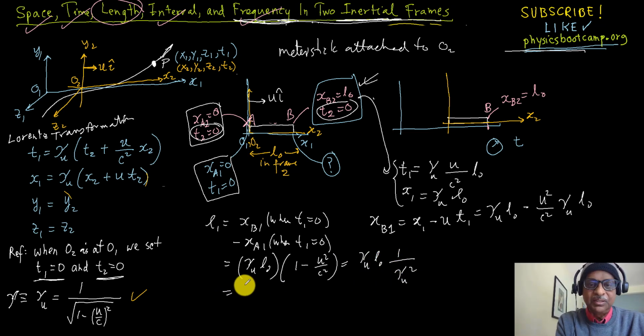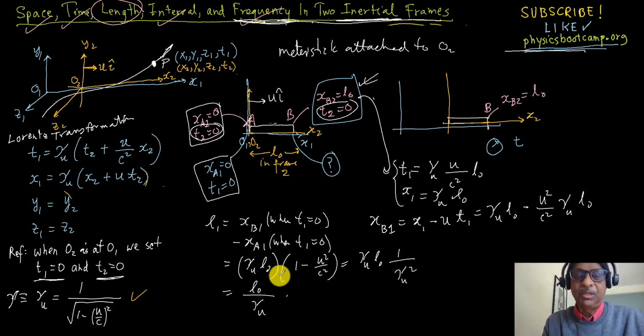So that's how you get L0 over gamma u, because the length is defined where the two things are at the same instant of time in that frame. So that's for the length.